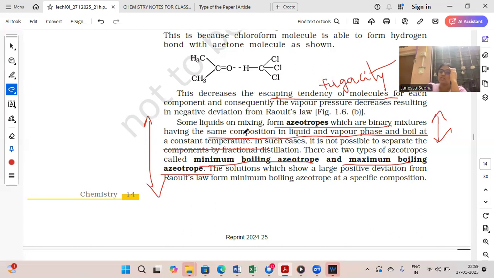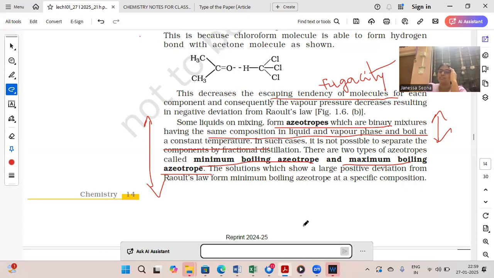There are two types of azeotropes called minimum boiling azeotropes and maximum boiling azeotropes. The solutions which show large positive deviation from Raoult's law form minimum boiling azeotrope with specific composition. So azeotropes are constant boiling liquids.